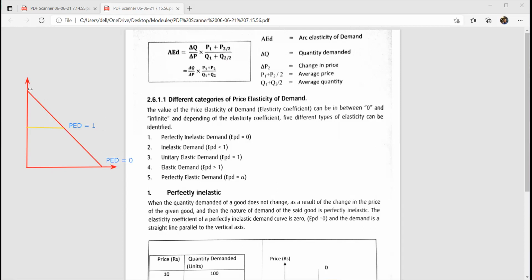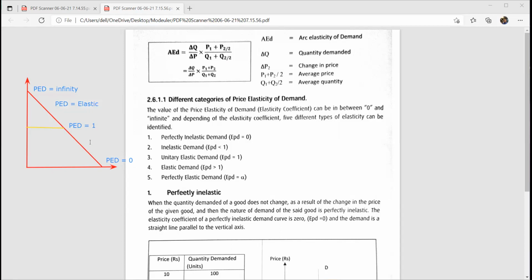Over here, PED equals infinity. Somewhere there, we can say elastic.